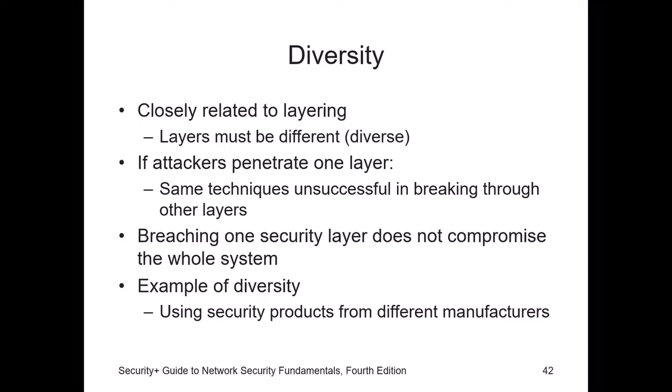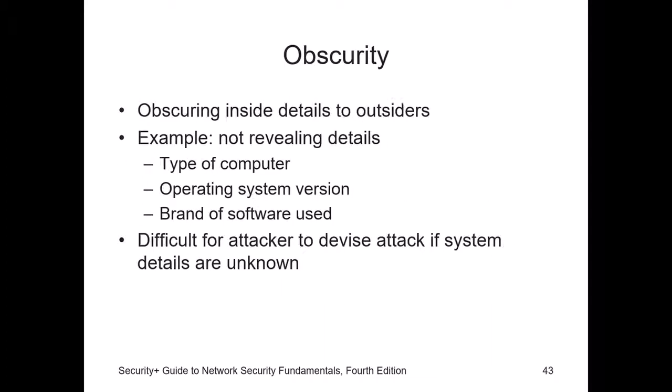And your PIN, that's something that you have to remember. Another layer you can add maybe is your voice. It could be voice recognition. You have to say something in addition to remembering a number. So it'll be almost impossible for somebody, even if they have your ATM card, they have to know your PIN. And even if they have your card and your PIN, they're not going to have your voice. So if you have three layers like that, it's almost impossible for somebody to break into your system. So you have to have diversity in the layers.